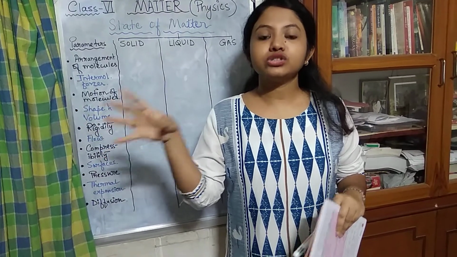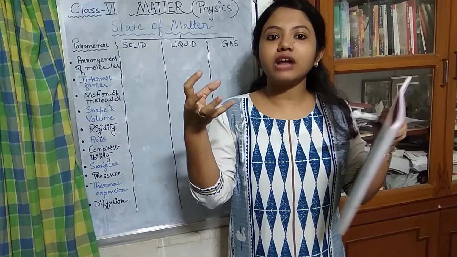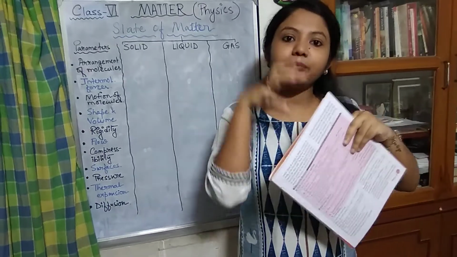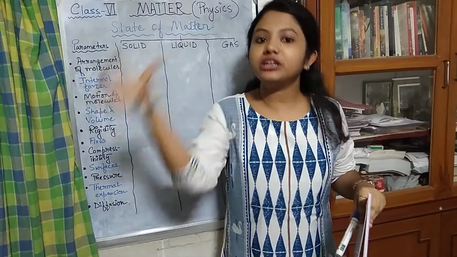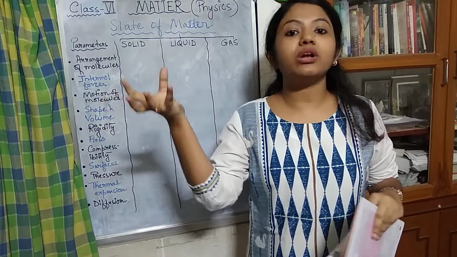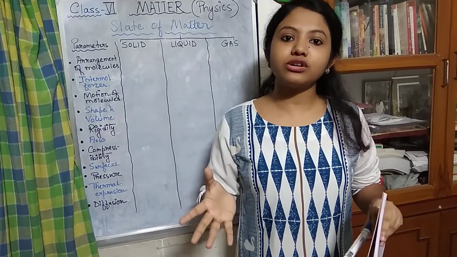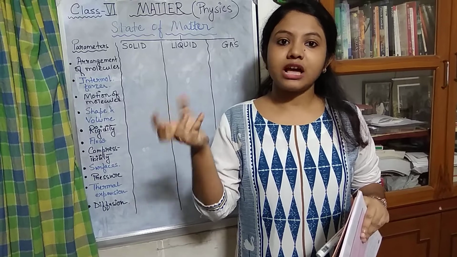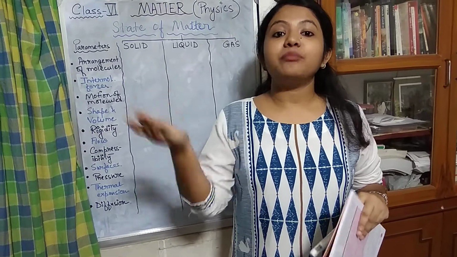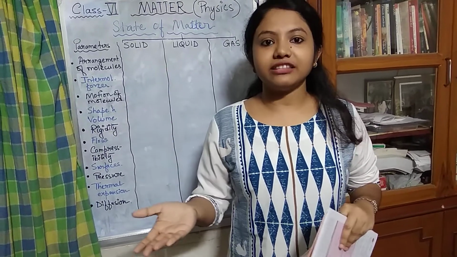So two or more atoms collide and combine together to form a bigger particle, which we call a molecule. A molecule also has all the qualities of a matter, and it is able to exist freely in nature.